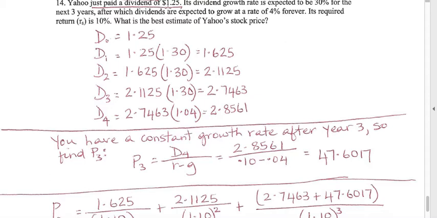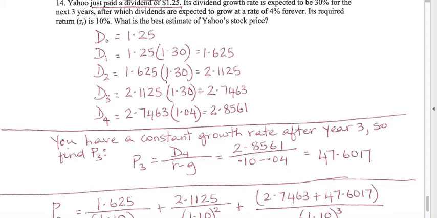Just paid a dividend of $1.25. That is your D0. The dividends are growing by 30% for 3 years. D1, D2, D3. Growing by 30%, 1.25 times 1.30 is equal to 1.625.